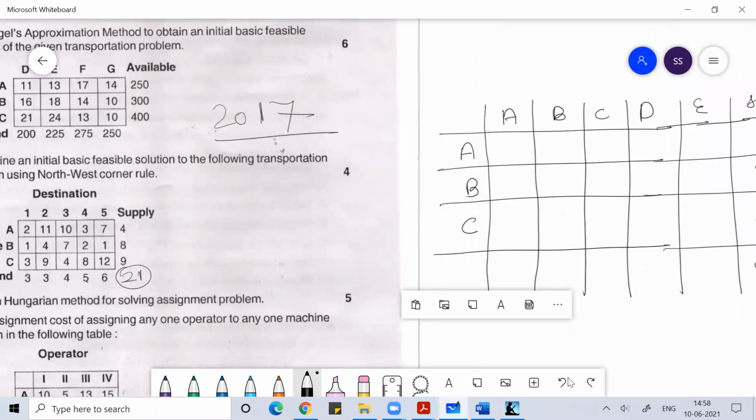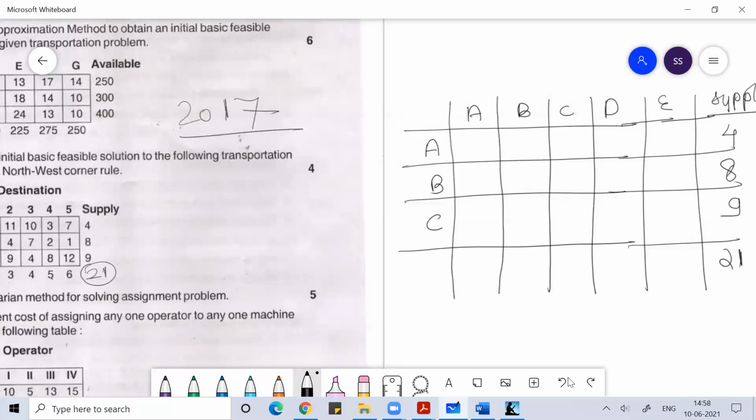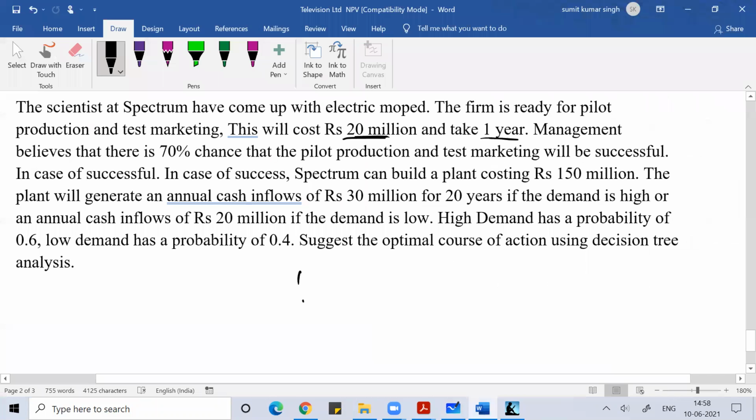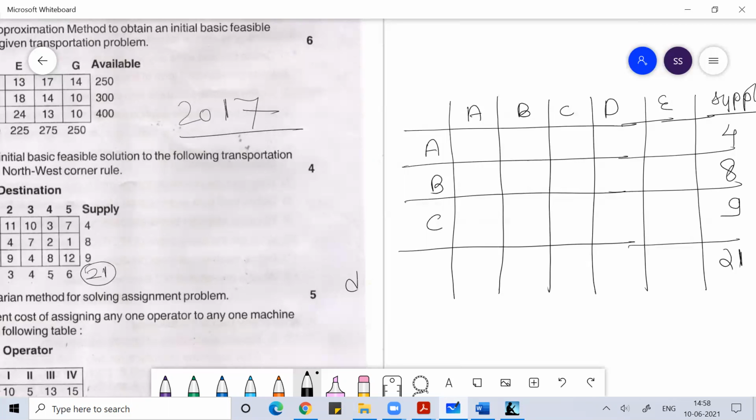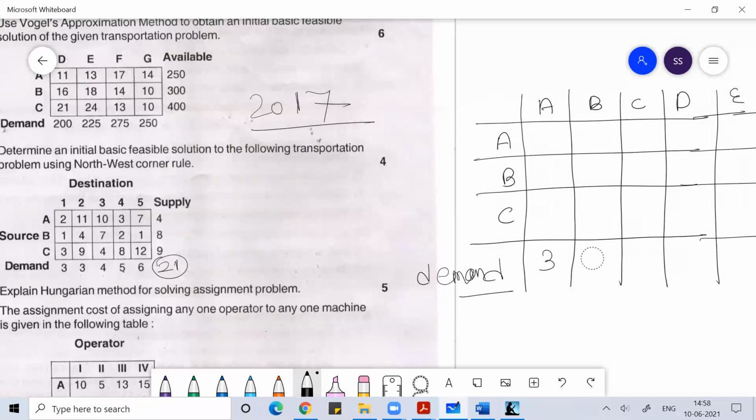And the demand sum is 3, 3, 4, 5, 6. Okay, guys. So this is given, and I need to solve it by the northwest corner method.